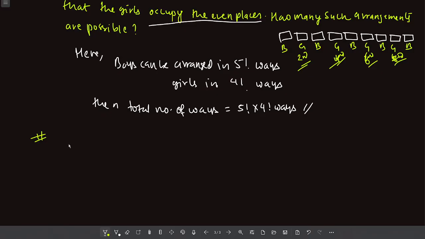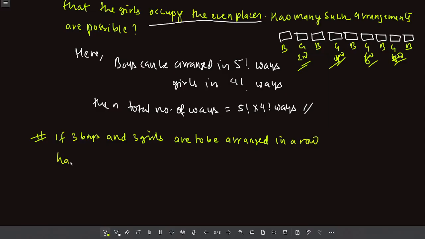If three boys and three girls are to be arranged in a row having six seats, how many total arrangements are possible?